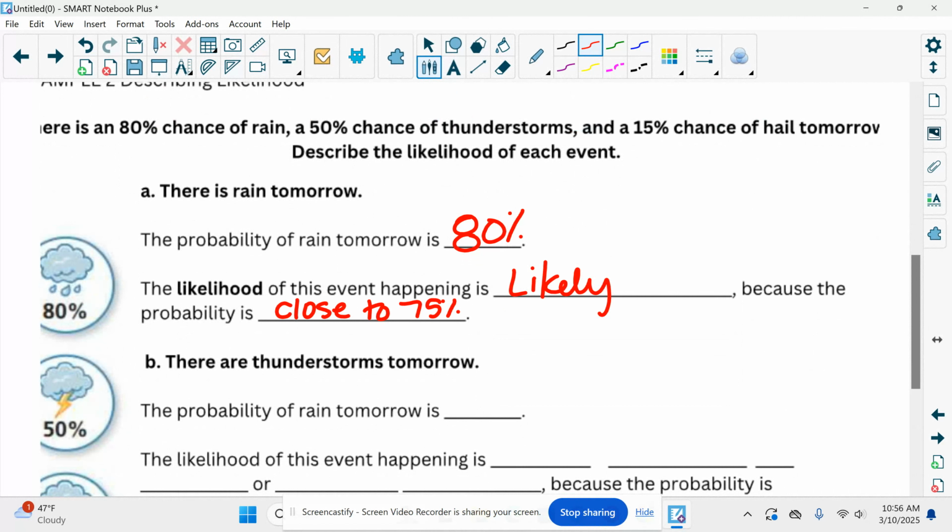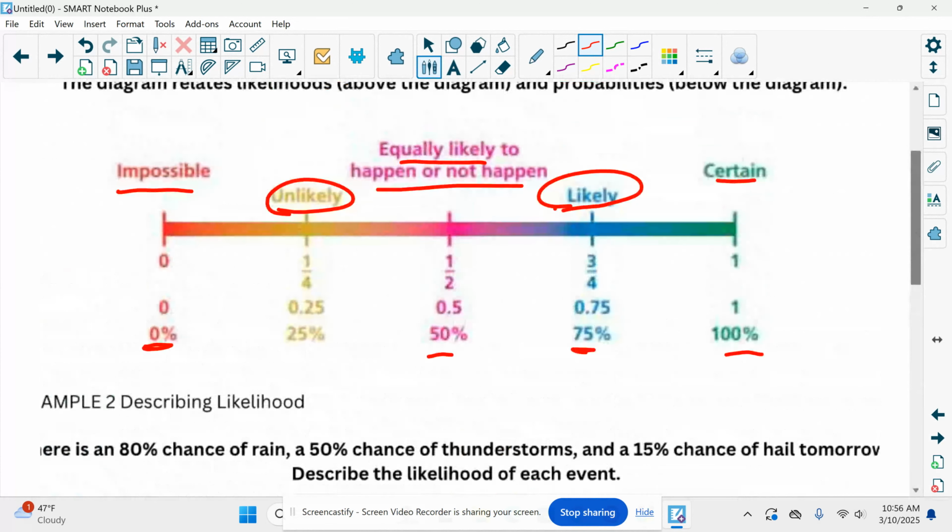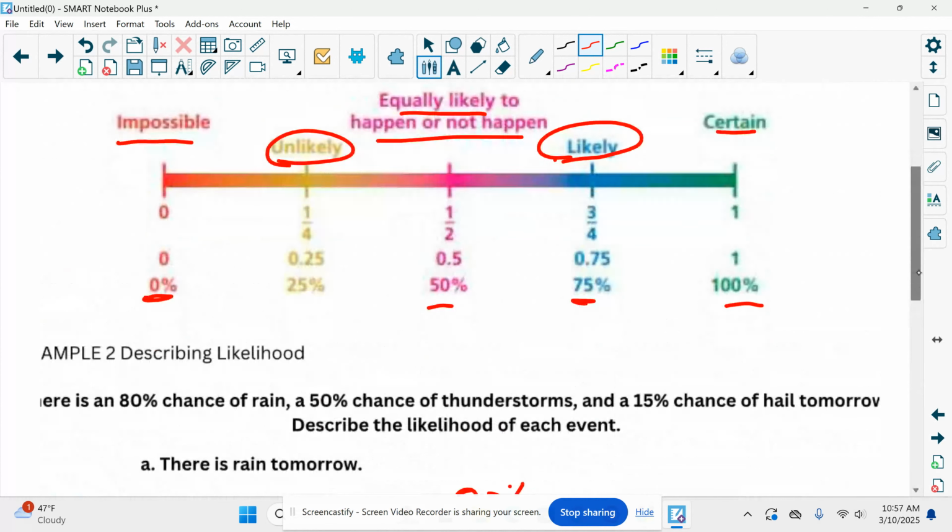Now we want to know the likelihood there are thunderstorms tomorrow. What's the probability of thunderstorms tomorrow? The probability is 50%. So what's the likelihood going to be? If you look up here, 50% is equally likely to happen or not happen.